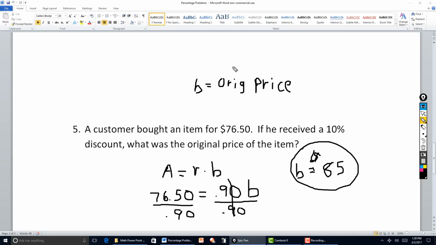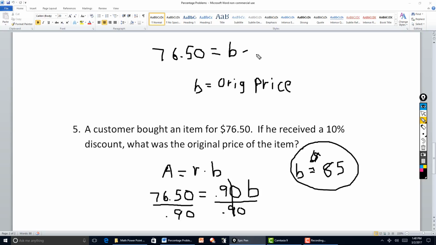Just to show you, I would say then, okay, we paid 76.50, and the original price was B, and then we took a 10% discount off of that.